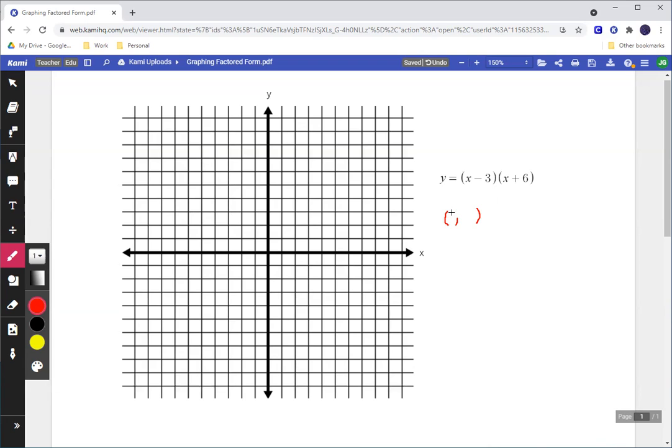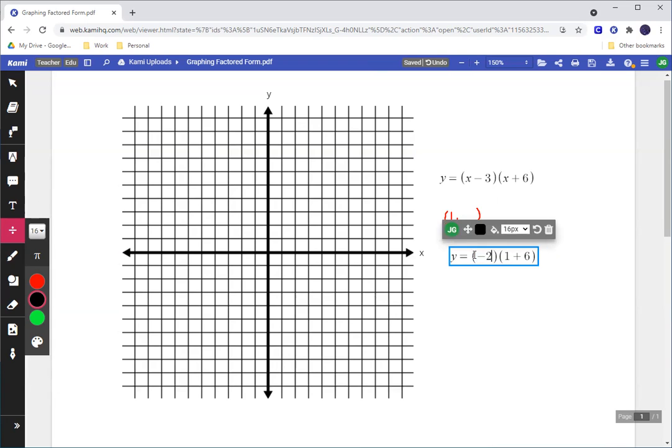So let's say that we chose x to be 1. In the event that we choose x to be 1, we substitute all of the x's for 1s, meaning we will have an equation like this. And then we can use the order of operations to simplify the right-hand side, 1 minus 3 being -2, 1 plus 6 being 7, and -2 times 7 being -14.